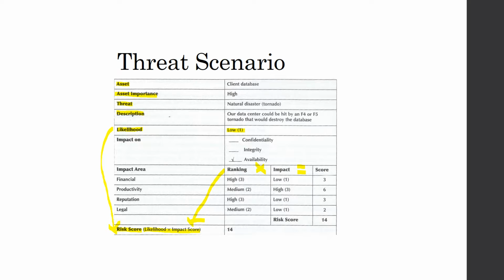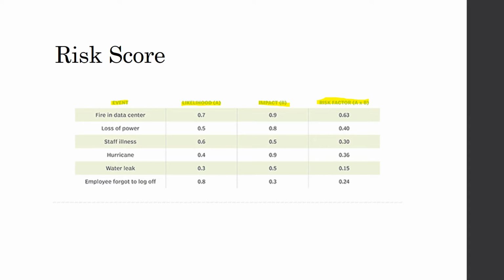Once you get a risk score, compare it to other threats to determine the most important risks the company faces. Another thing to note is that in this example, we are using a scaling system that goes from 1 to 3. However, you can scale the risk score whichever way you want. Here is an example of a risk score being calculated on a different scale, using similar terminology.